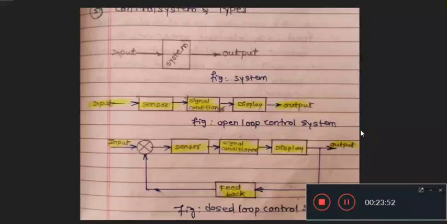You can easily understand this open loop and closed loop control system by this example. The college starts at 10 o'clock, and one hour before, you leave your home; that is the input.